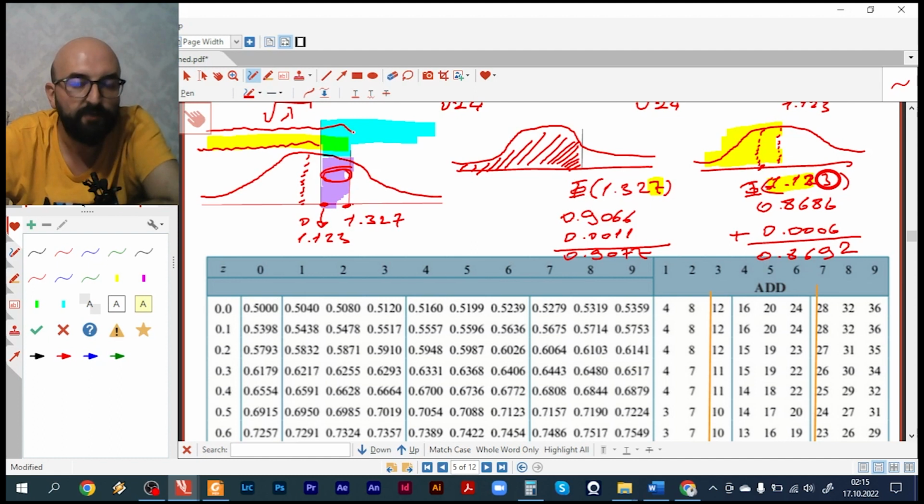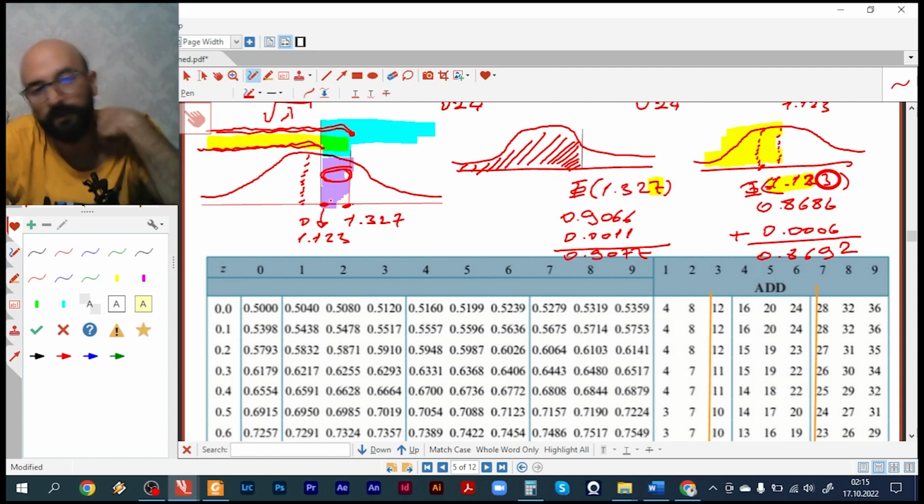So if you subtract this area minus this area, you can find between these points.